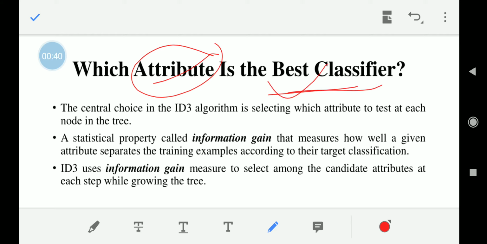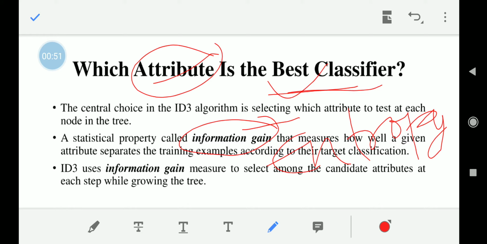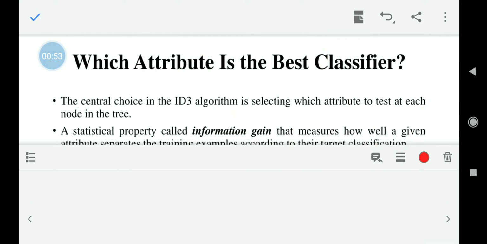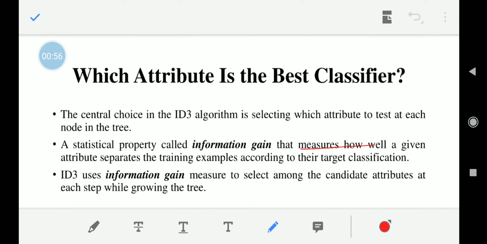We have seen that we will measure that by the information gain concept. This concept is based on the concept called entropy. What is information gain? Information gain measures how well a given attribute separates training examples according to their target classification.